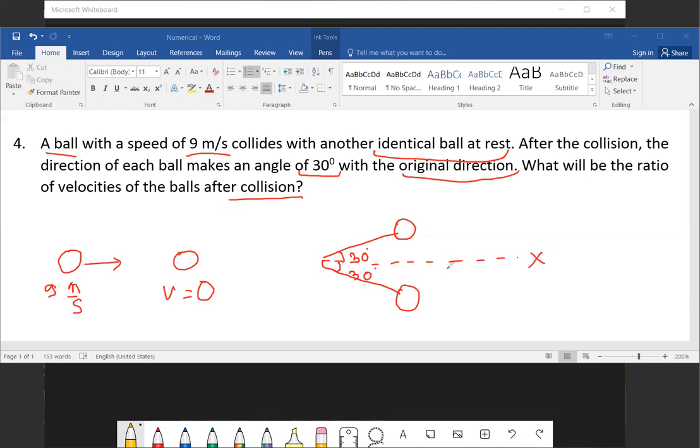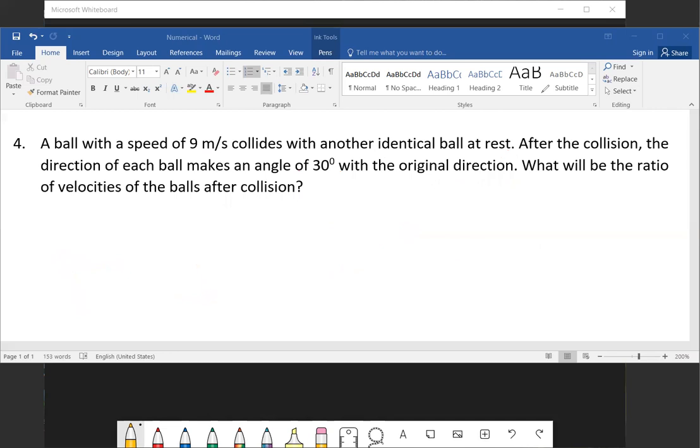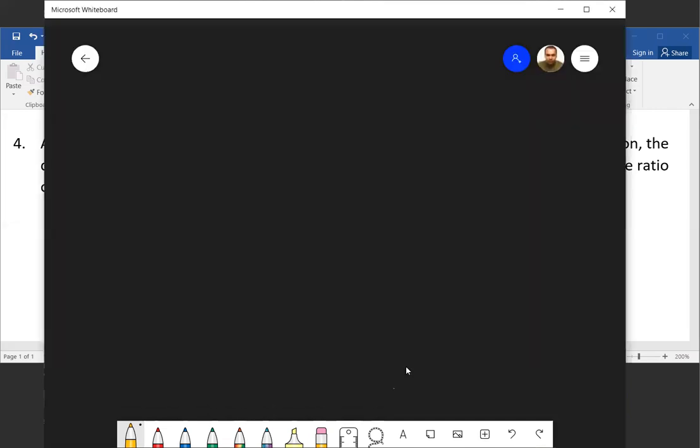Suppose the original direction is the horizontal direction, x direction, and the perpendicular direction is the y direction. Based on this, I'm going to show you the rest of the calculations, but before that I have to remove all the drawings here. Okay, so here we have again one ball, another ball moves along this direction, and there is a collision. This is the original direction.